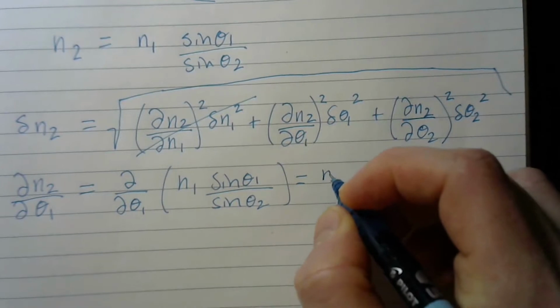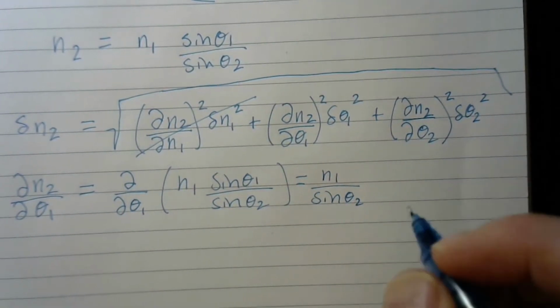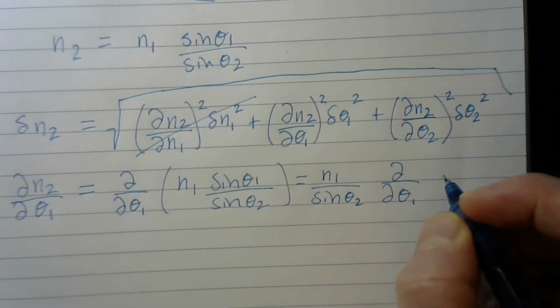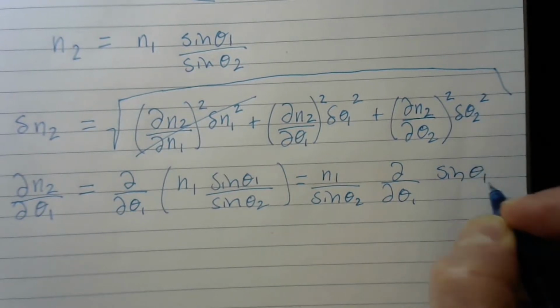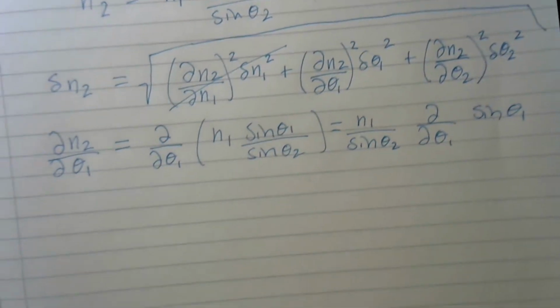And now I have N1 divided by sine of theta 2. And now I'm just taking the partial derivative of sine theta 1 with respect to theta 1. And using reference tables, the derivative of sine is positive cosine.